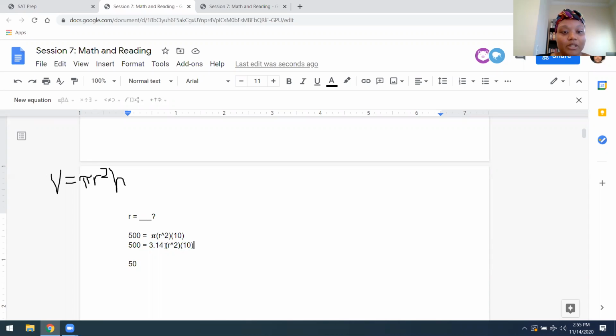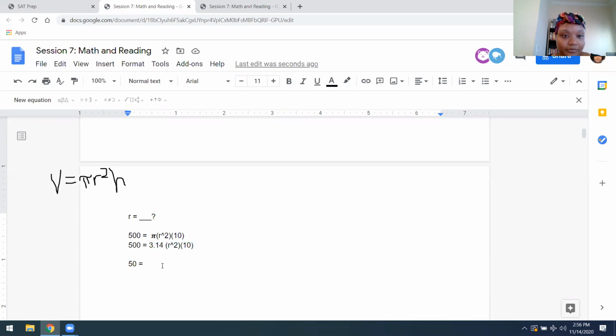So in isolating the variable, we're undoing each of these things one by one. The first thing DM mentioned was she divided both sides by 10, and that's to undo this 10 here. So we divide one side of the equal sign by 10 and the other side by 10. The 500 divided by 10 is 50, of course. And dividing this side by 10, we just X out that 10.